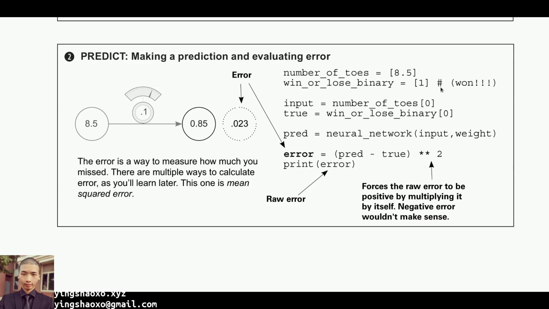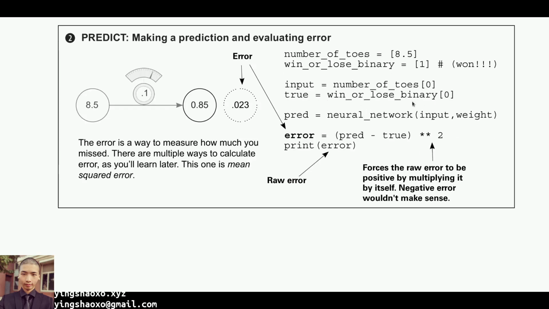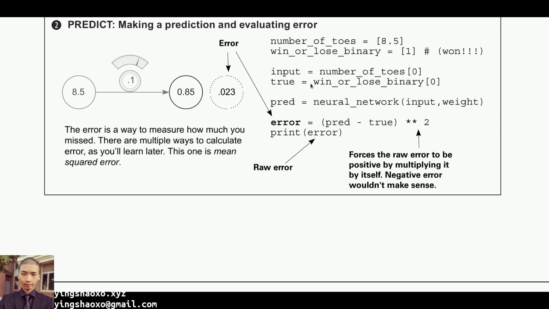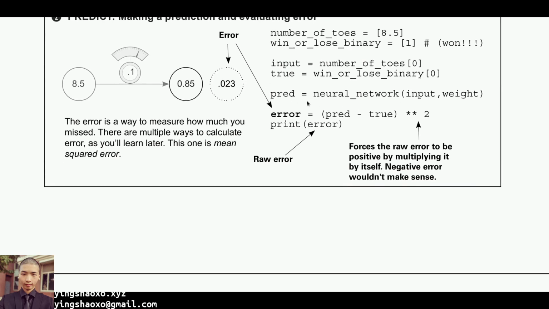If it's 1, it means win. The input equals the first element of the number of toes, and we also take the first element of win or not binary.